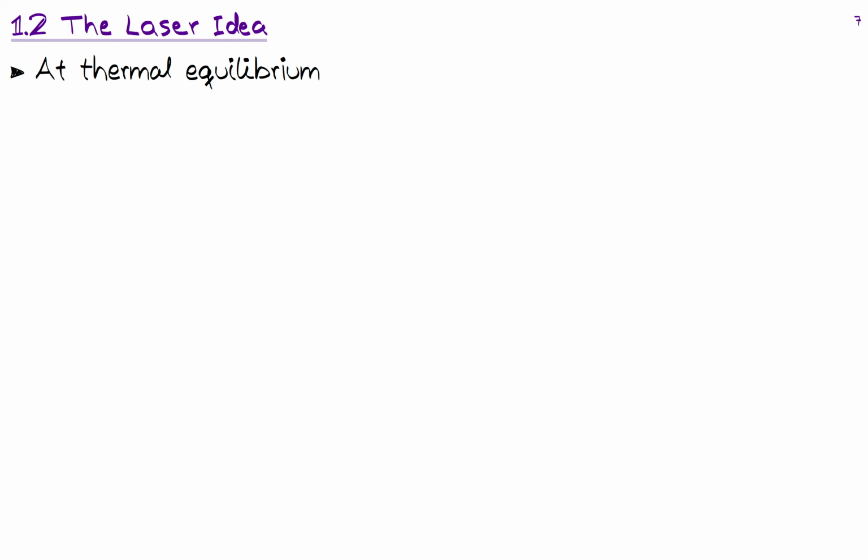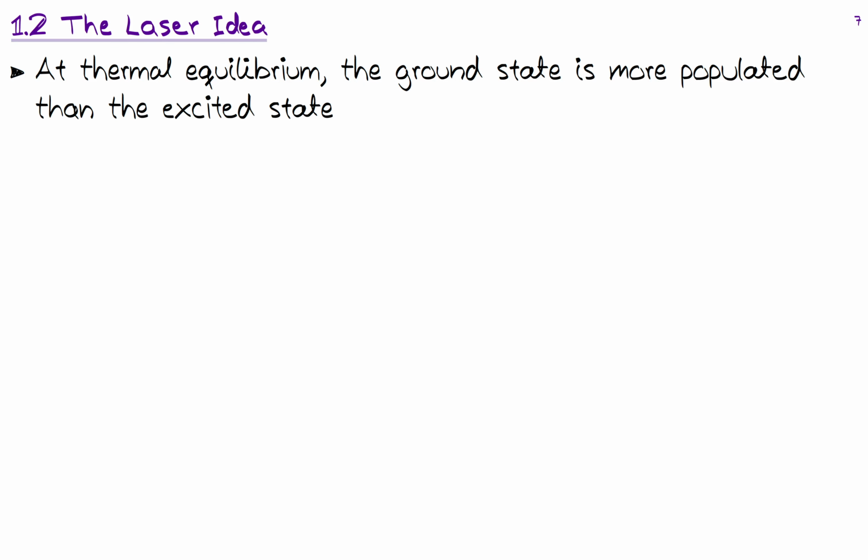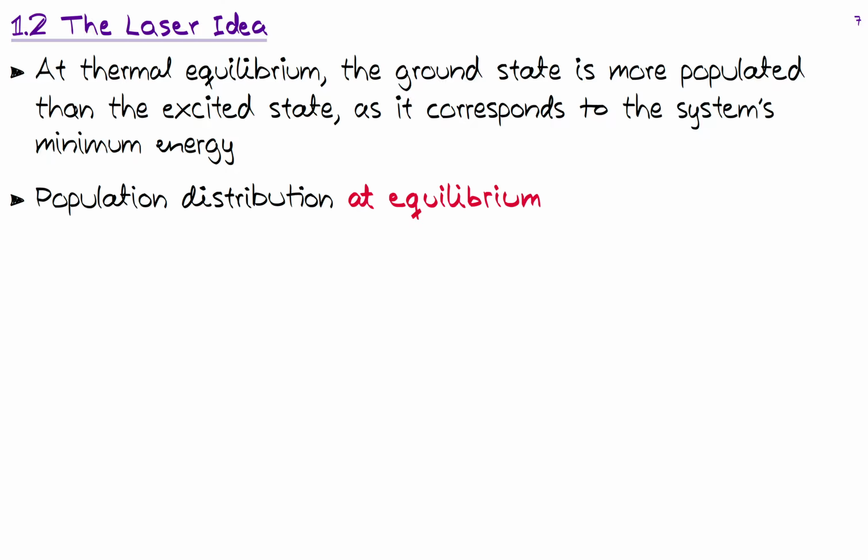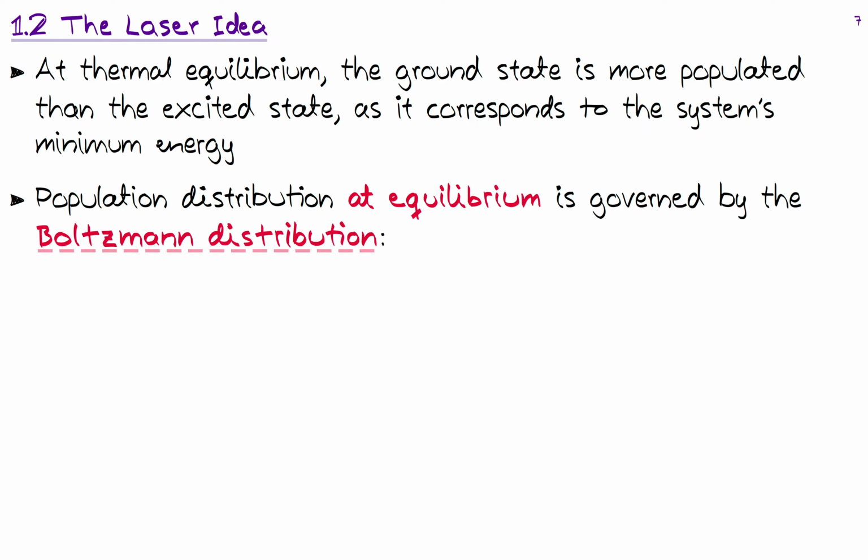Let's look first at a situation when the gain medium is at thermal equilibrium. In this case, the ground state is more populated than the excited state because the system resides in the minimum energy macroscopic state. The population distribution at equilibrium is governed by the Boltzmann distribution.